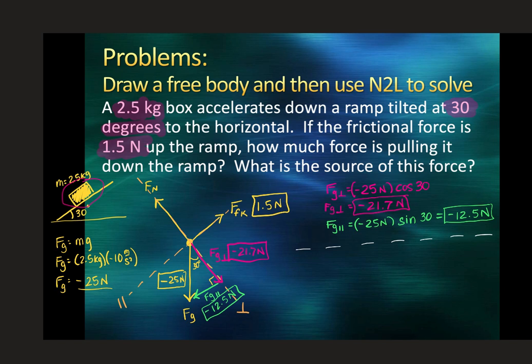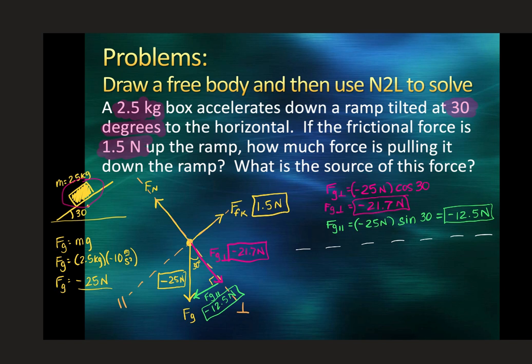The first question here, however, is if the friction force is 1.5 newtons up the ramp, how much force is pulling it down the ramp? So let's go back to our box for just a second. And let's look at things in the perpendicular direction. So I'm looking at the normal force and then the pink perpendicular force of gravity.